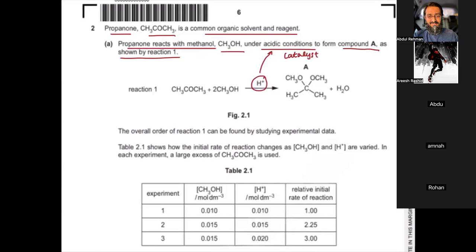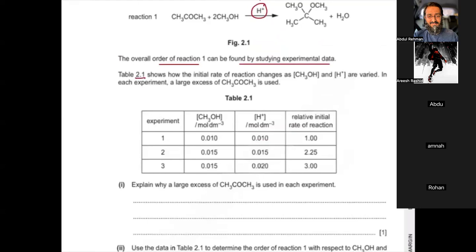Okay. Now, the overall order of a reaction can be found by studying experimental data. So table 2.1 shows the initial rates of reaction changes as the concentration of methanol and hydrogen ion are varied. In each experiment, a large excess of propanone is used.